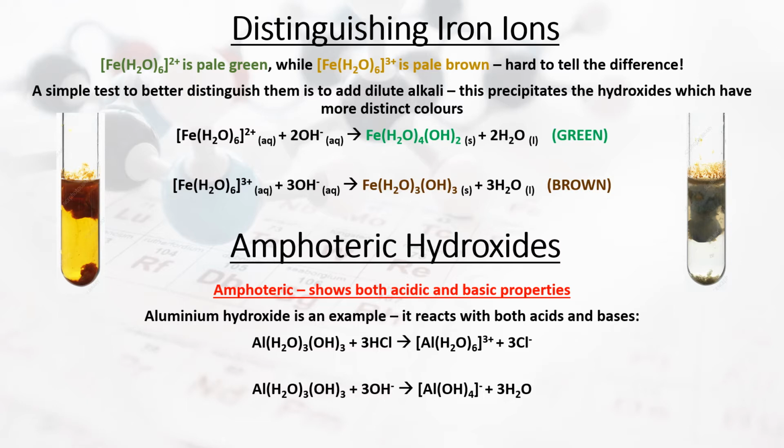So essentially we have our aluminium hydroxide acting as a base, these OH groups picking up the proton from the HCl to make the 6 coordinated water molecules. It could also act as an acid, so we now react it with some base. Like we saw in the variable oxidation states video, if we react these metals in alkaline solution, we typically form negative ions.